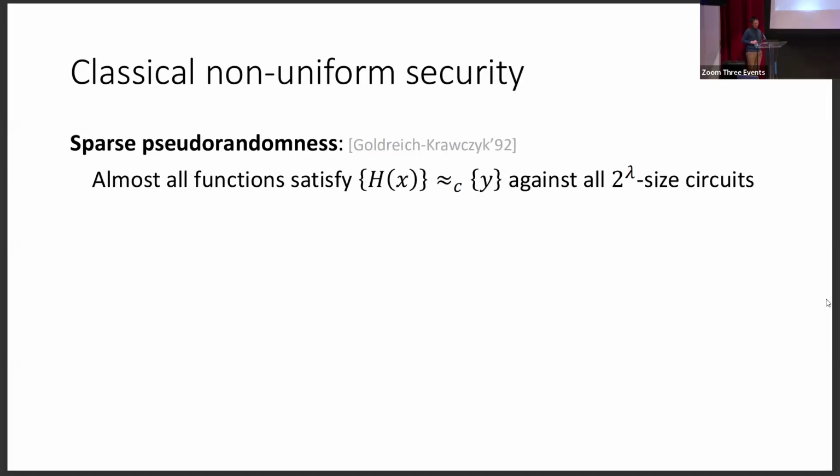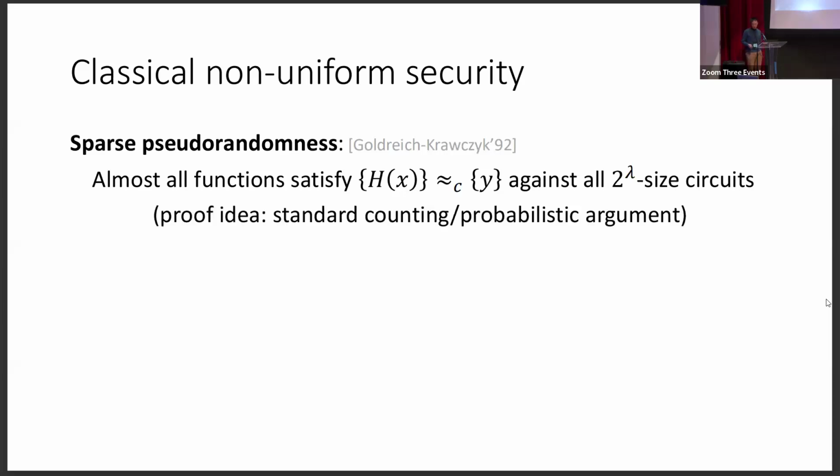In particular, they prove that almost all functions satisfy this pseudo-random like relation, where a uniform random image is indistinguishable from truly random Y. And this is true against all exponential size circuits. The proof is actually not that hard, and you could probably assign it to a graduate cryptography or randomized algorithms class as homework. It's basically a standard counting or probabilistic argument.